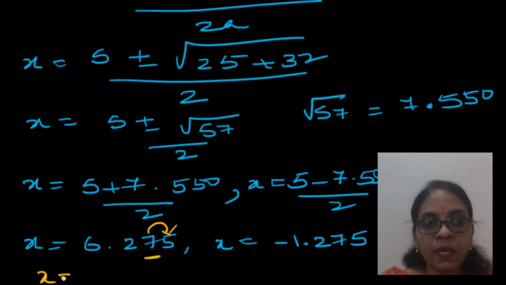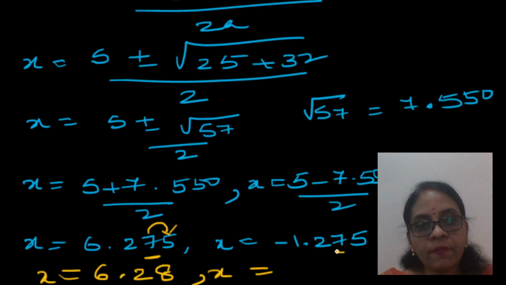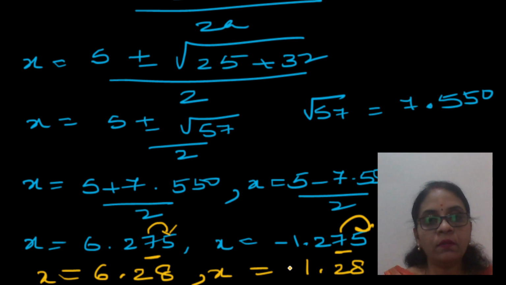So x becomes 6.28, and here also the same, minus 1.275, this is the second decimal place, and 5, so it becomes minus 1.28.